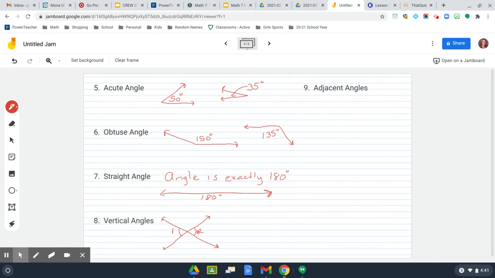Opposite of each other, angle 1 and angle 2 are considered vertical angles. Maybe I tell you that this is a 75 degree angle, and this is also a 75 degree angle. Angle 1 and angle 2 are vertical.